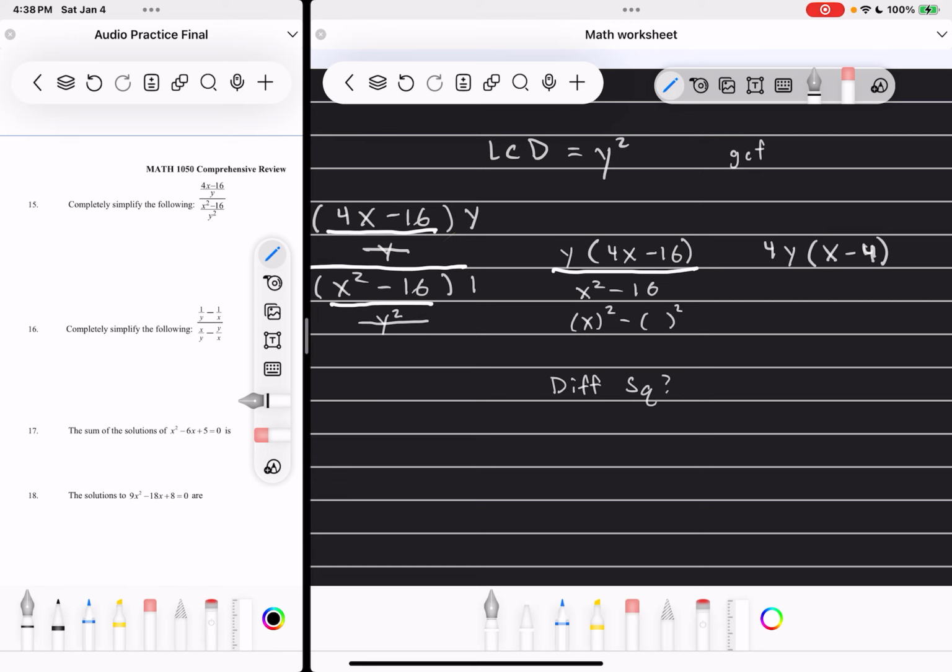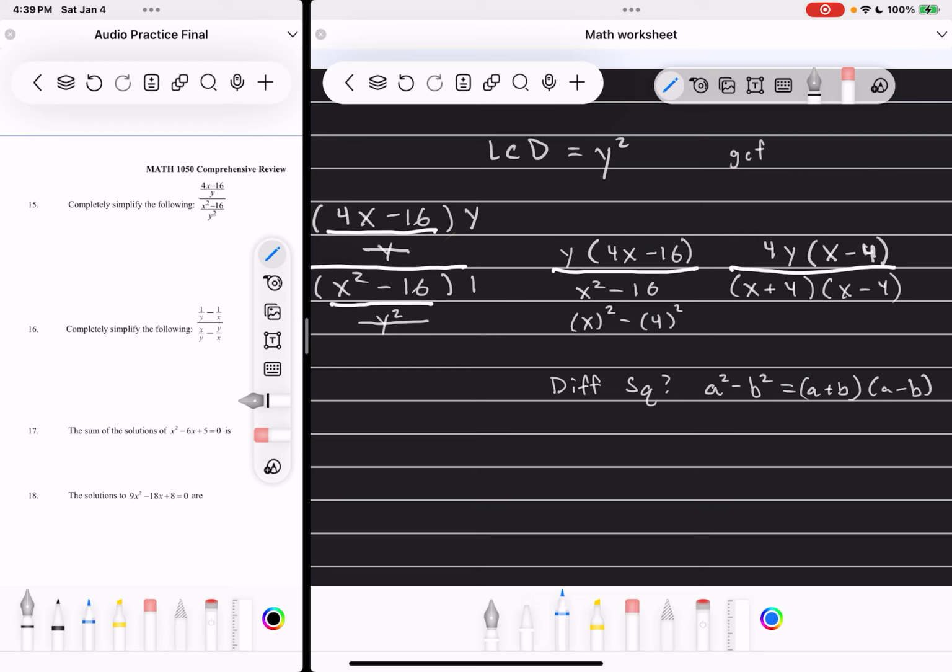Well, that would be 4. And again, a squared minus b squared is a plus b, a minus b. So over here, we're going to end up with x plus 4, x minus 4, and that's going to be our current fraction.